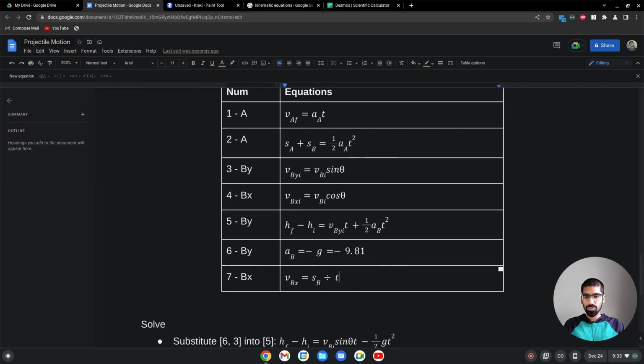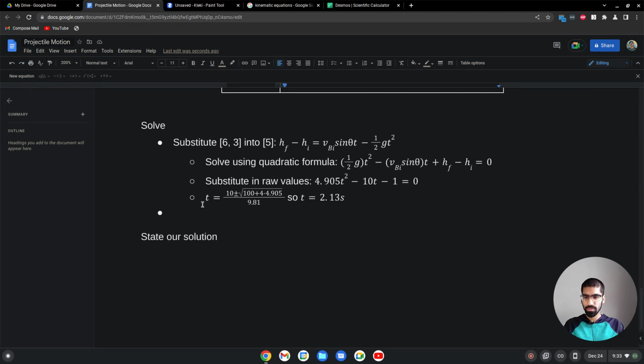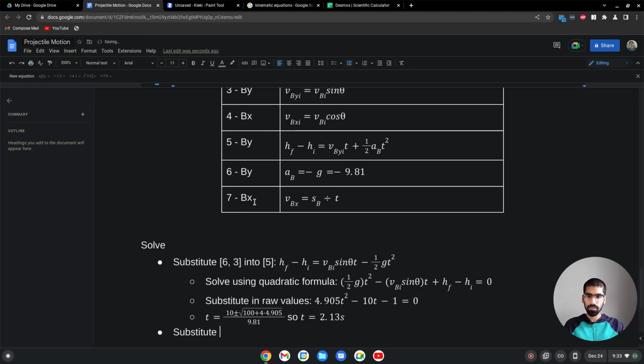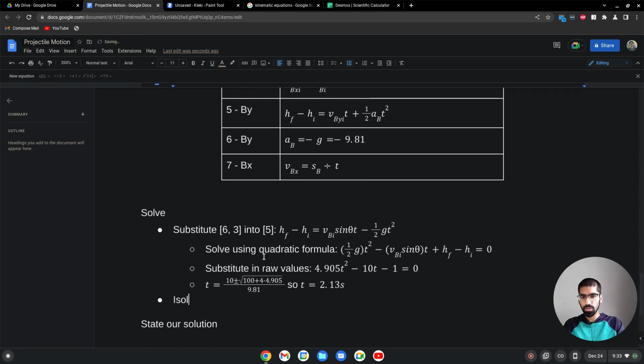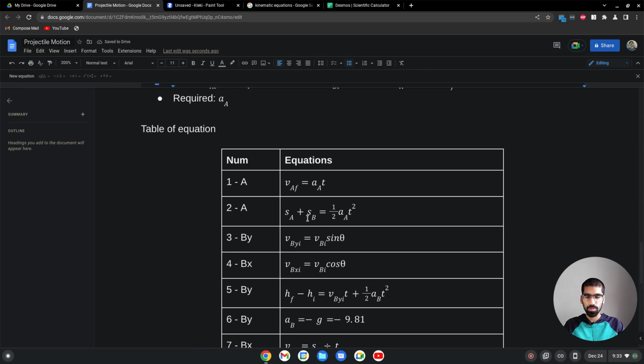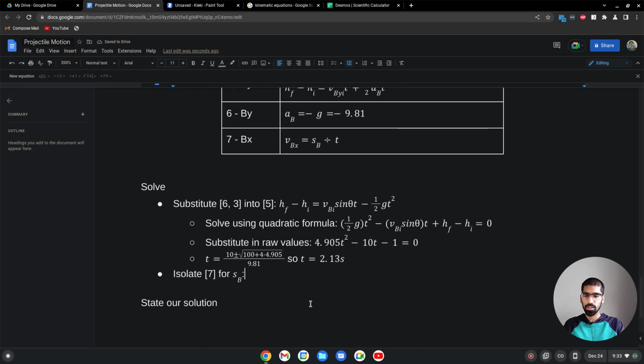Okay, so let's take the equations we have. Let's isolate equation 7 for SB, so that we can substitute the equation we get up here. So we're going to isolate 7 for SB.